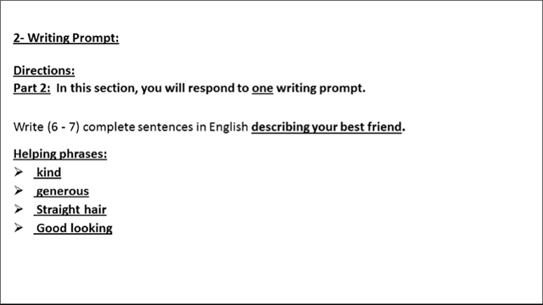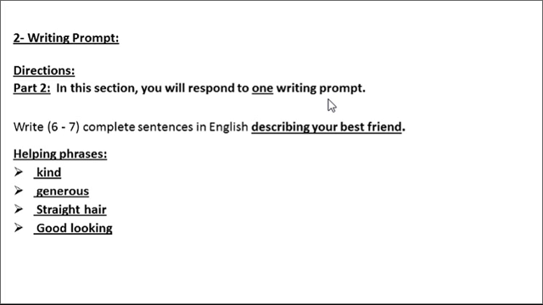The other part in this exam is the writing prompt, where you have to write a paragraph. Read the question carefully, like this one here. Part 2, in this section you will respond to one writing prompt. So there will be only one writing prompt, which means you will write on only one topic.